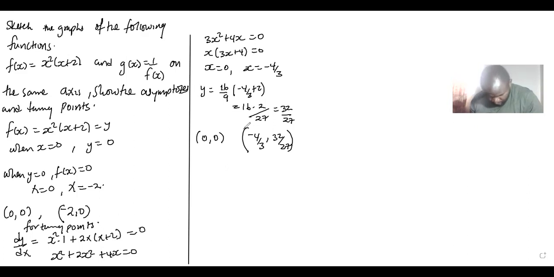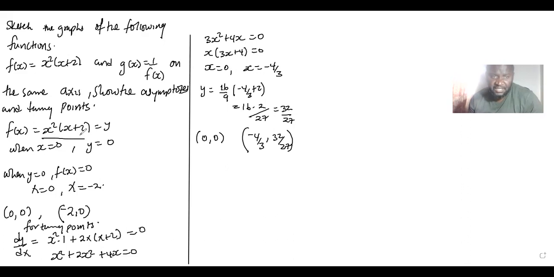How have you come across 3x squared plus 4x is equal to 0? I differentiated this function using the product rule, then I equated to 0.